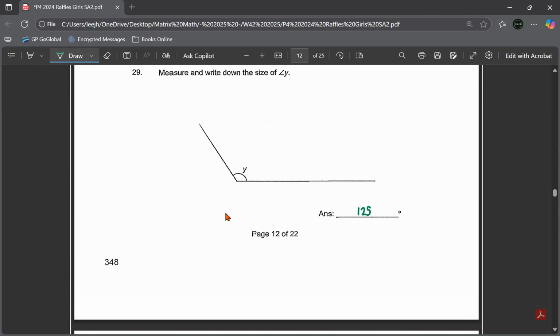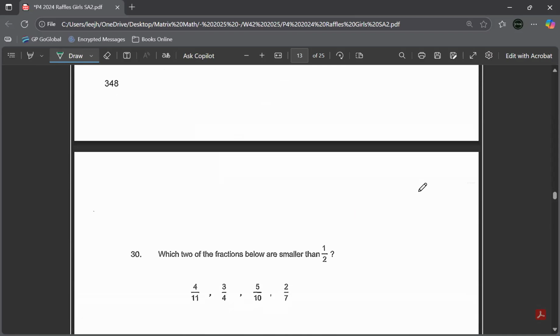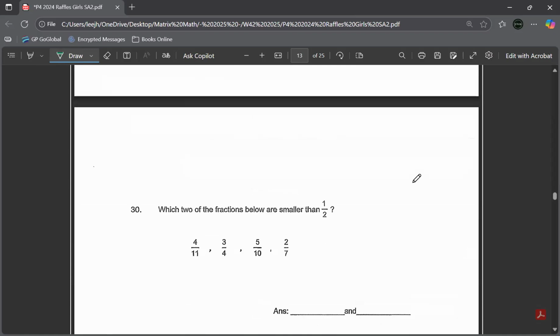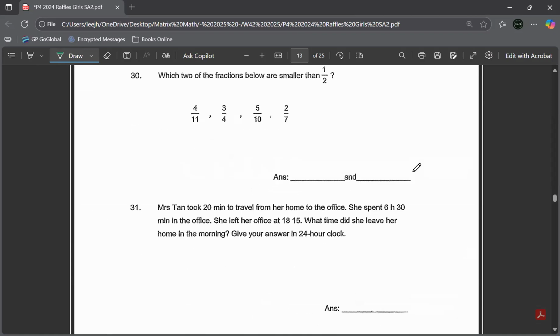So for this question, if you're unsure, please check with your teacher. Your teacher will show you how to measure. If you know, then that's very good. Sorry, I cannot show you here because I don't have a protractor. So that's why I asked you to ask a teacher.